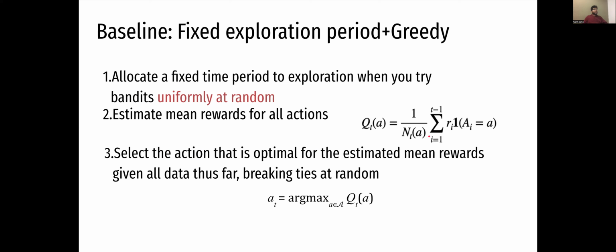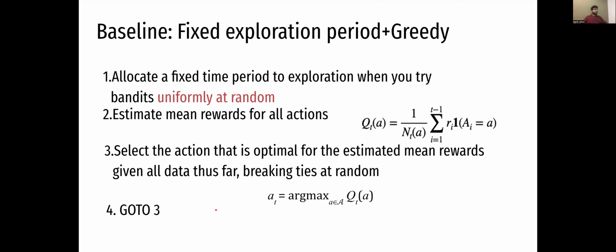Then we select the action that is optimal for the estimated mean rewards given all data thus far, breaking ties at random. So we take the optimal mean reward, and the next step is just to go to step 3. So this is the exploration phase.